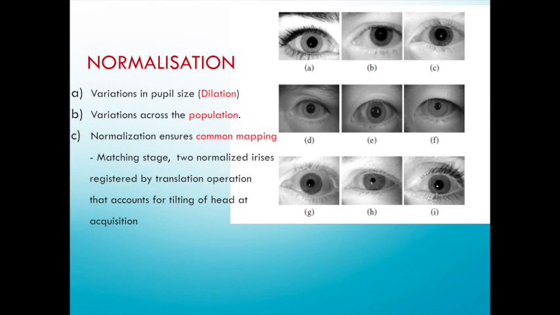It's not just about turning a circular pattern into a rectangular pattern. It also accounts for variations in pupil size among everybody. People will have different sizes of pupils anyway. And the variations of dilations to your pupils as you present for enrollment, maybe a slightly different stage of dilation as you show up for authentication.